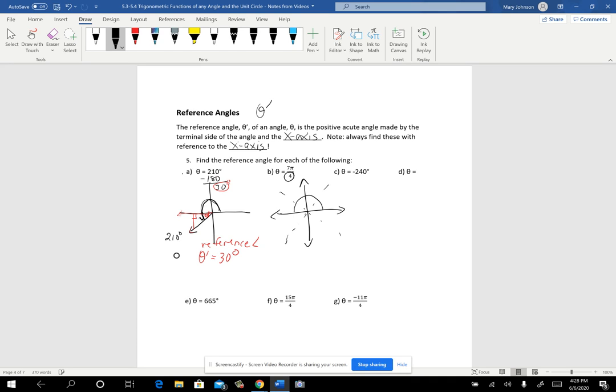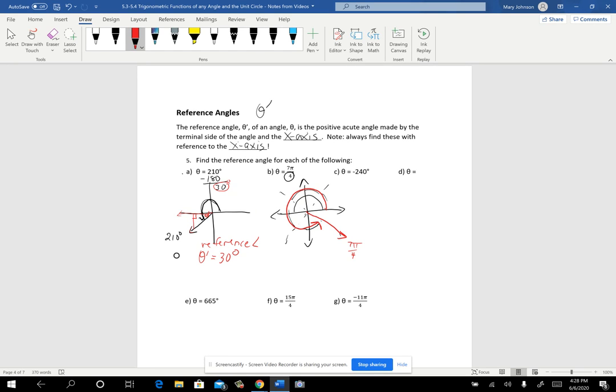You might want to go ahead and draw those in there. So this would be 1 pi over 4, that's 2 pi over 4, 3 pi over 4, 4 pi over 4, 5 pi over 4, 6 pi over 4, 7 pi over 4. So if I go, let me draw it in red, all the way around to here and make that the terminal side, that would be 7 pi over 4, okay?